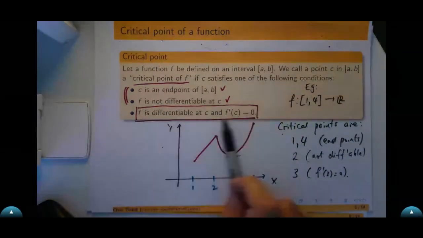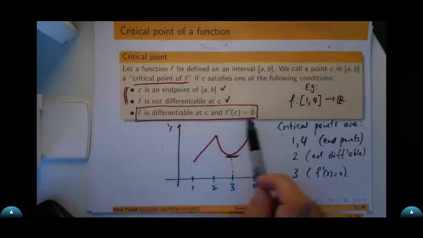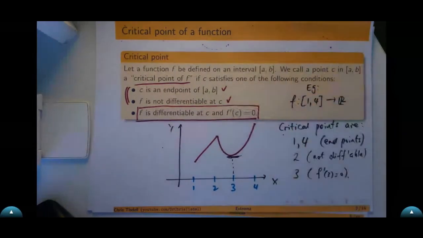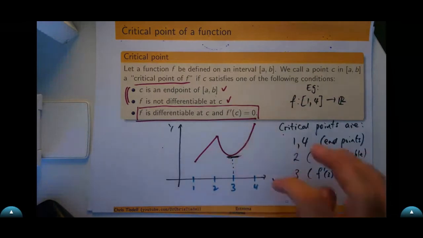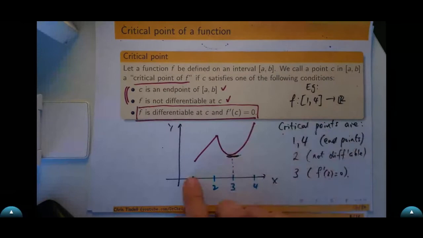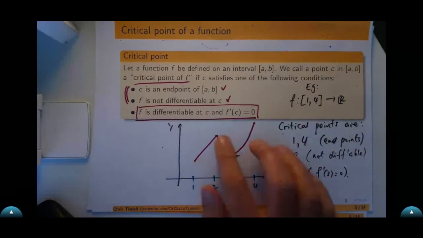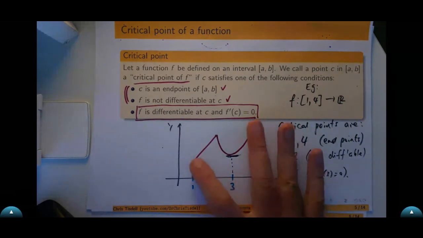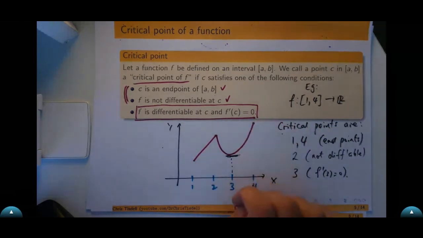At school, you probably just talked about this because you had very friendly functions to deal with. But this, and this are important. And what it means is, if you look at the picture, for example, you can see the maximum value of our function is there. The minimum value is there. And these other 2 points, well, they play a role, but they don't alter the maximum and the minimum value of the function, okay?